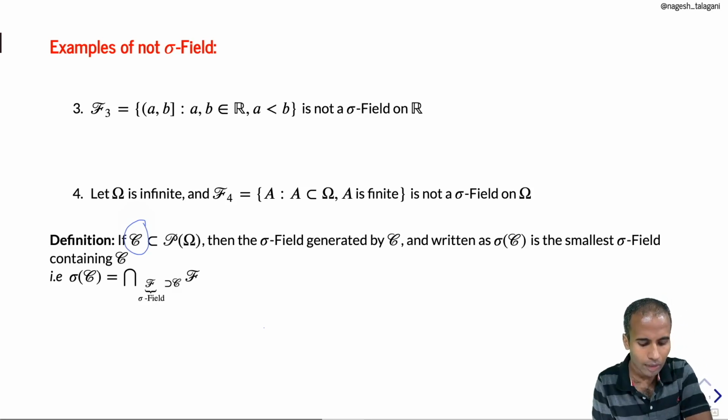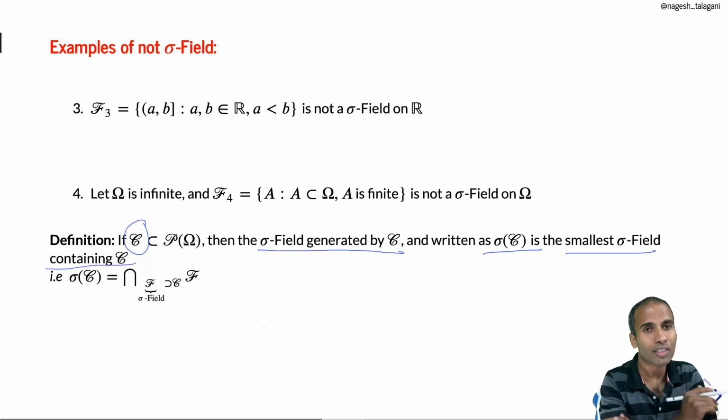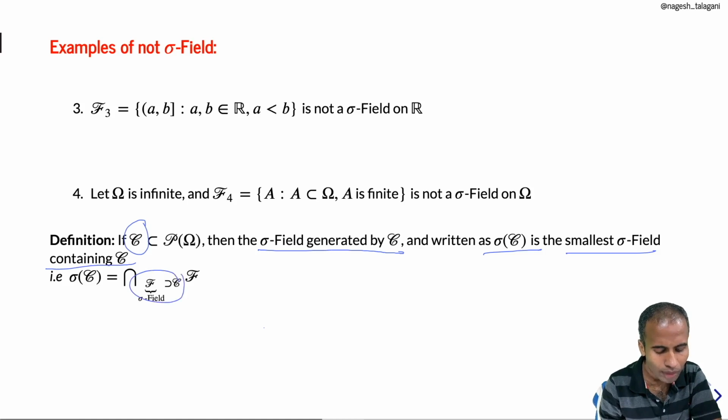Then the sigma field generated by script C, written as sigma of script C, is the smallest sigma field containing our script C. This is obtained like this: simply take the intersection of all sigma fields that contain our script C. I already told you that an intersection of sigma fields is again a sigma field, right?